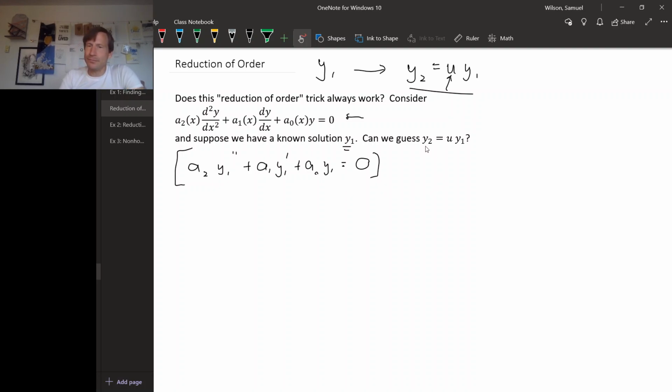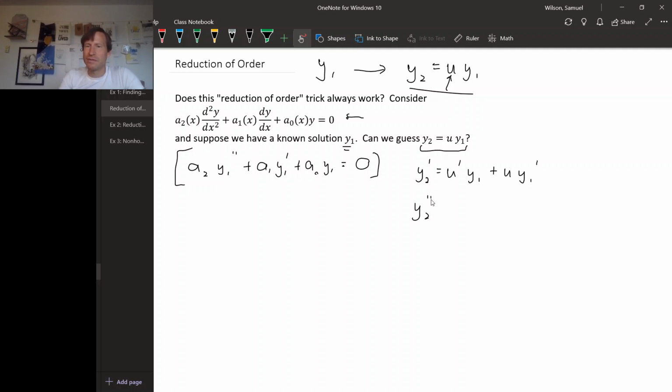Okay, so remember to actually use this guess for y sub 2, what we need to do is compute the derivatives of y sub 2 so that we can plug it all into this differential equation. So the first derivative of y sub 2 is, we have to do the product rule, so u prime times y1 plus u times y1 prime.